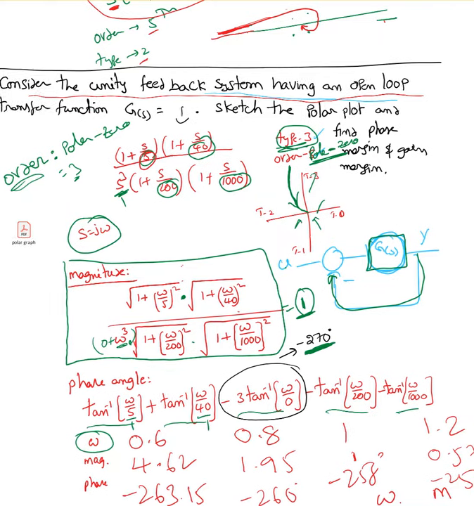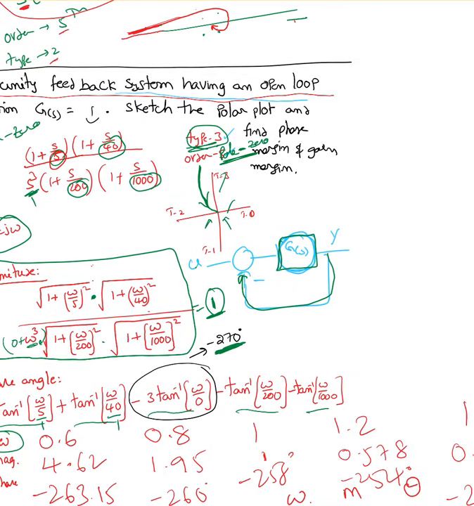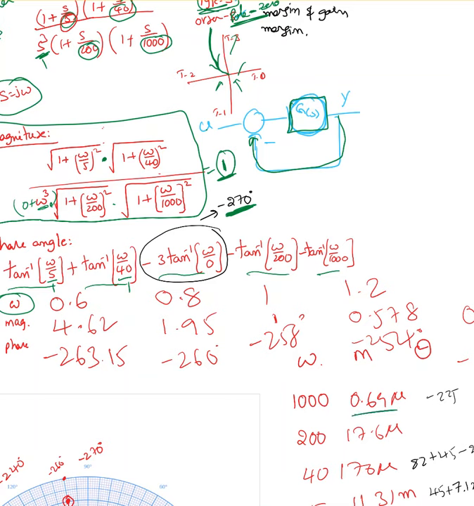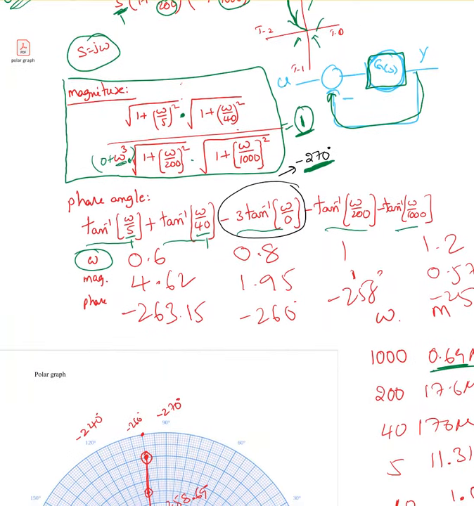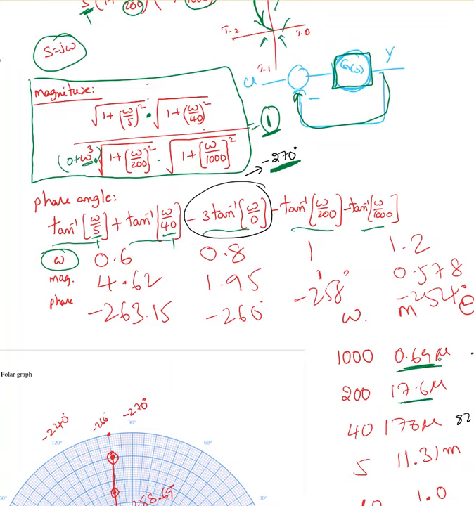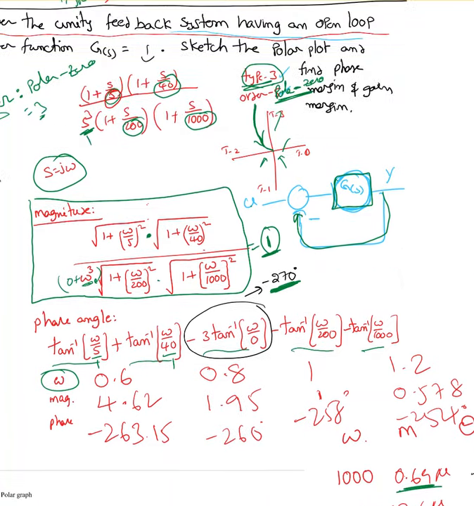Actually I calculated that number and I have that approximate value as 0.69 micro. Okay, so it's very far away from unity. So if I choose 200, I end up with 17.6 micro. Still that's far away from unity. So what I did, after substitution for numbers, I chose 1.